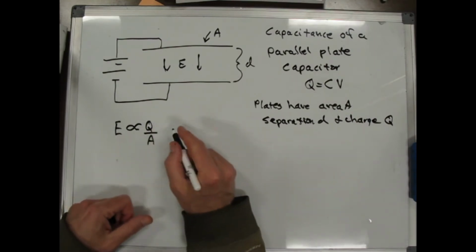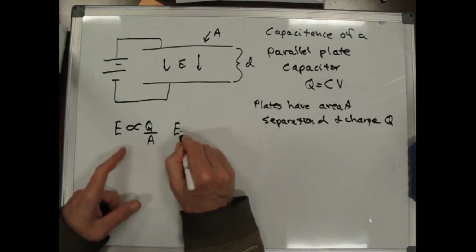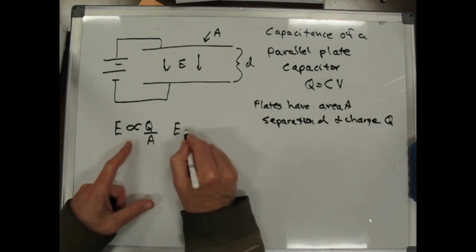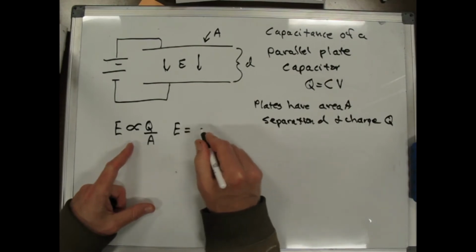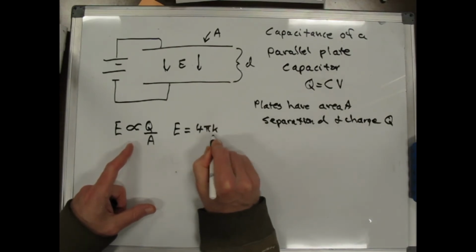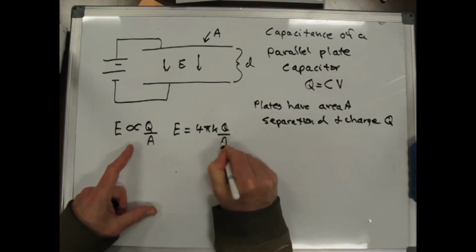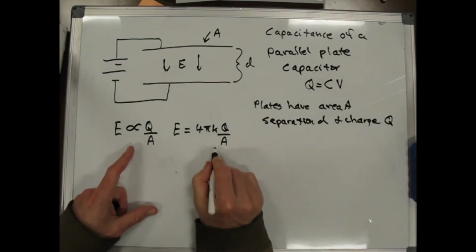It turns out that you can turn that into an equals by putting a constant in there. The constant for that is 4 pi k, where k is the Coulomb constant, 9 times 10 to the 9th newton meter squared per Coulomb squared, times Q over the area. And so this is the electric field between the plates of a capacitor.